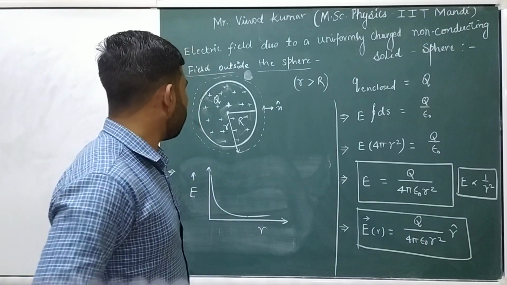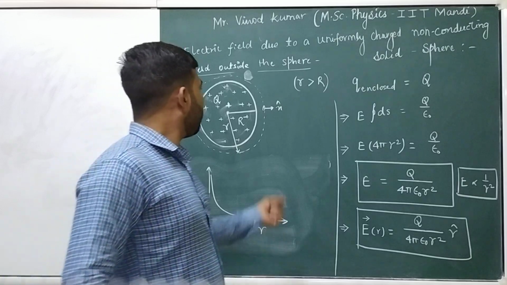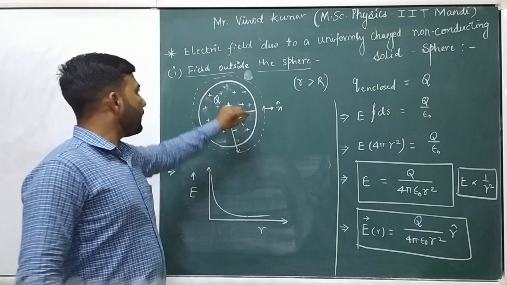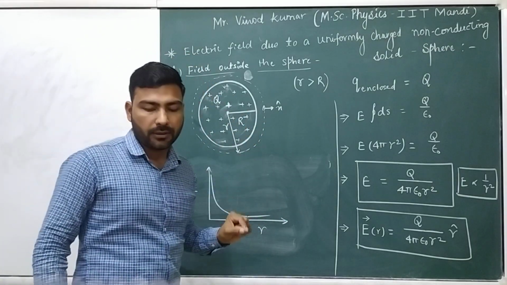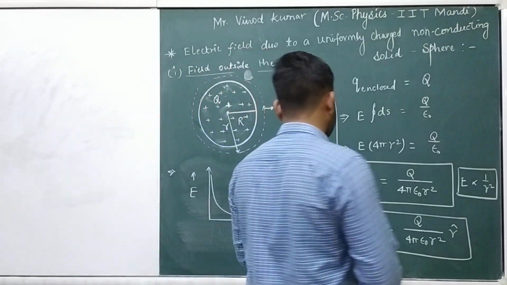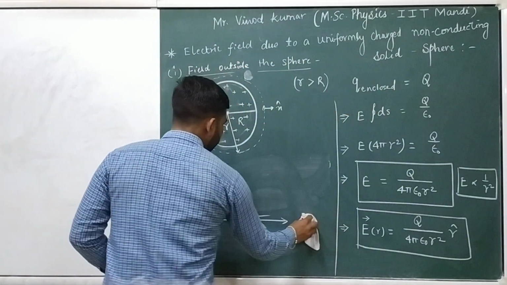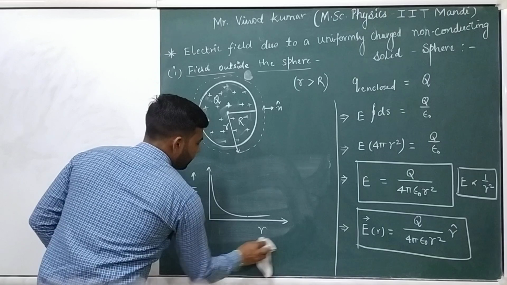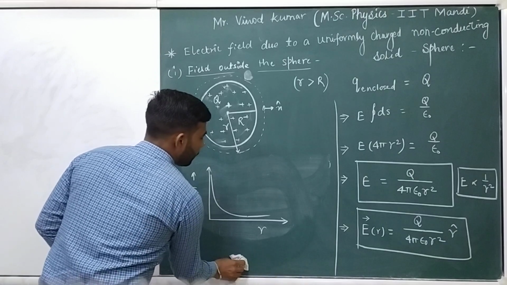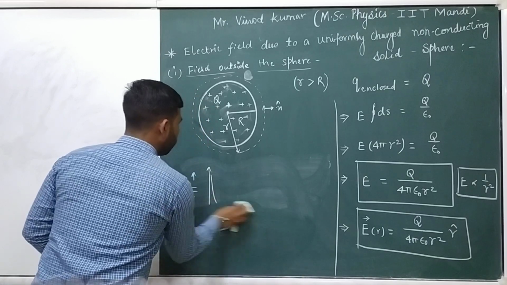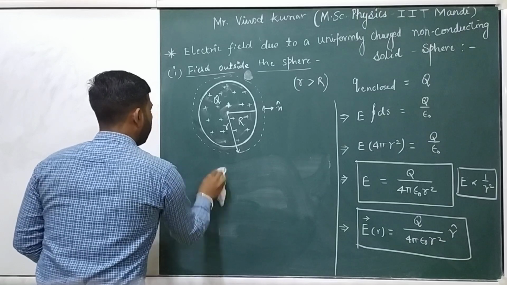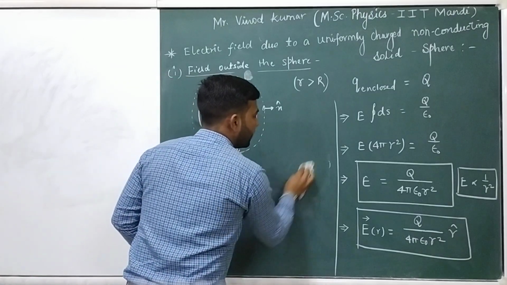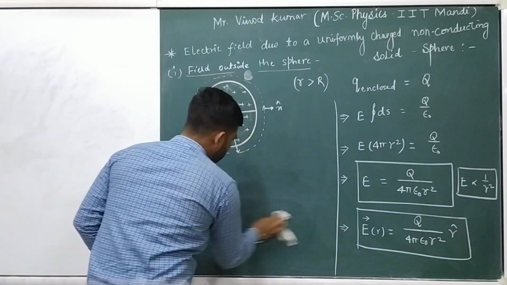Now the other case which we are going to take is the electric field at the surface of the sphere. For that, the Gaussian surface which we assume will have a radius equal to the radius of the sphere which was given.